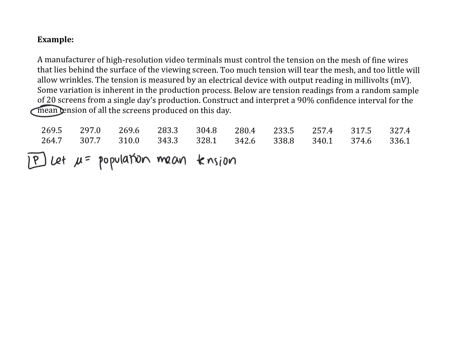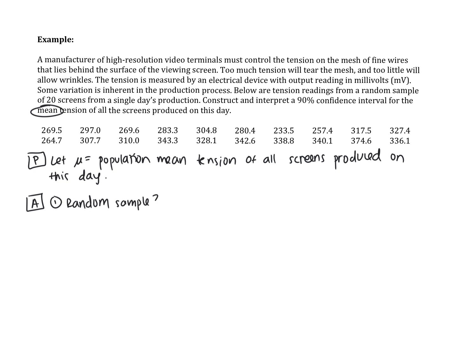Tension of all screens produced on this day. First assumption, is this a random sample? Again, please make sure you put the word sample. It says from a random sample. So we're going to say stated.